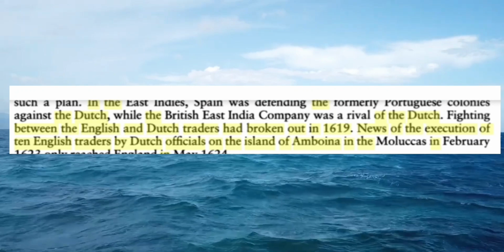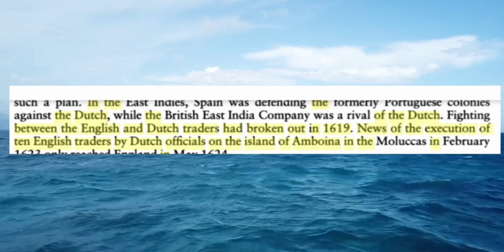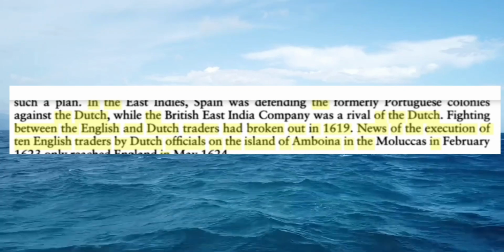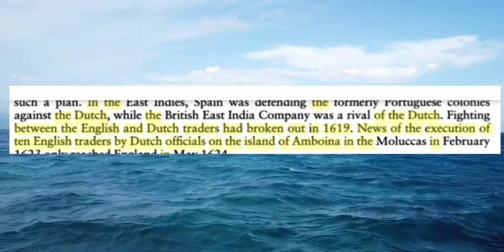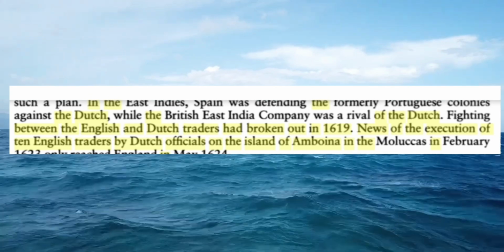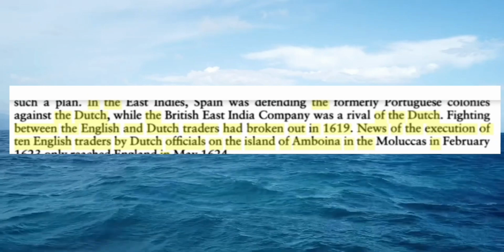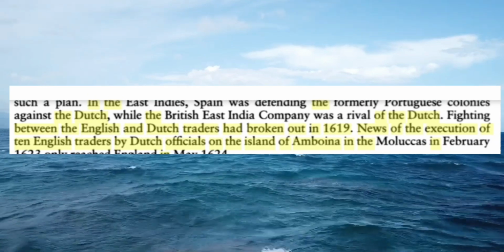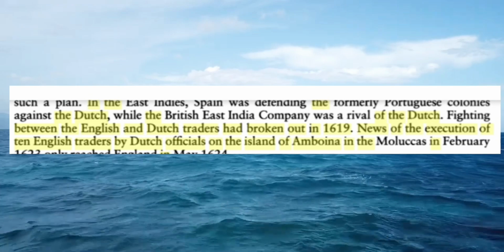News of the execution of 10 English traders by the Dutch officials on an island of Amboina. So this is the famous year, 1619, and we find out what actually happened before they went to take the Negroes in the known 1619 date.